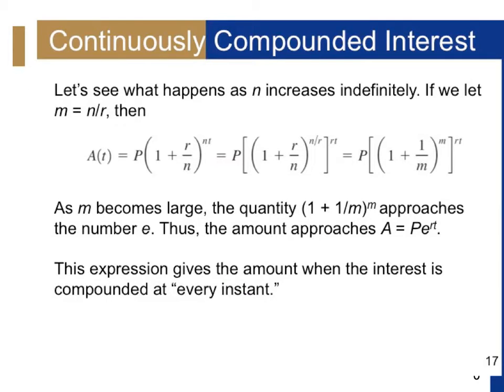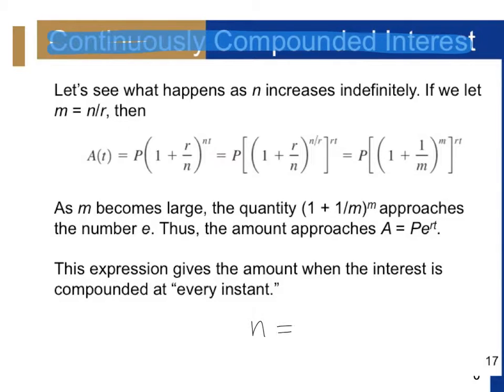Okay, we also use our exponential function for continuously compounded interest. We didn't talk about this yet, but remember we talked about compounding interest annually or semi-annually or monthly or quarterly or weekly or daily. Continuously means you're constantly calculating interest. And remember we said that n was the number of times per year.